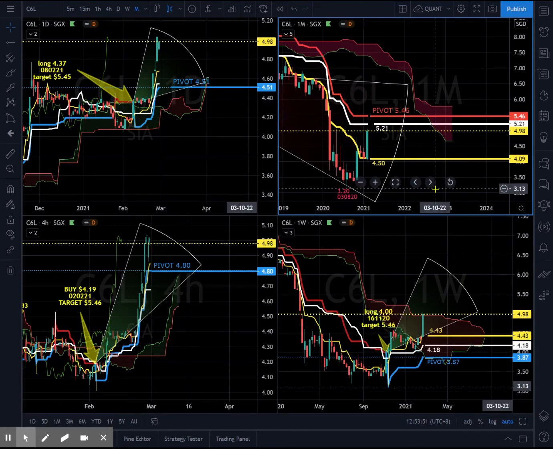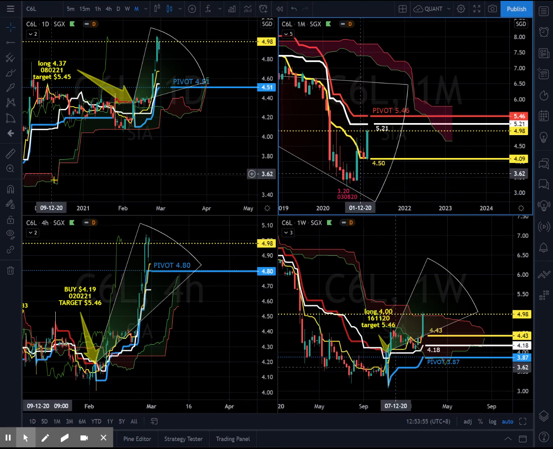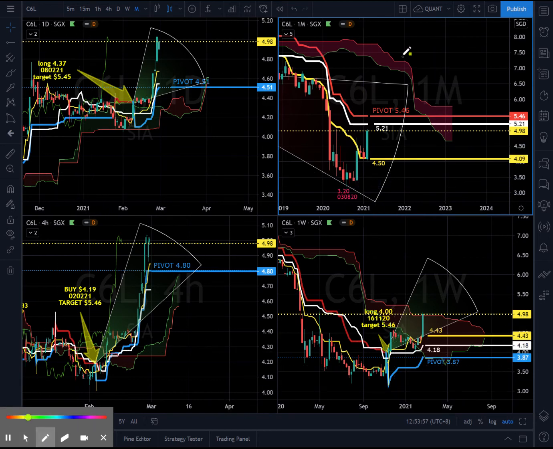As a recap, on a longer term basis, Singapore Airlines is making good progress towards the target at $5.46, which is the resistance right now. If the stock is able to break above $5.46, we might see some recovery and a break of the downtrend, perhaps trading above the $6 level to about the $8 level for a couple of months.